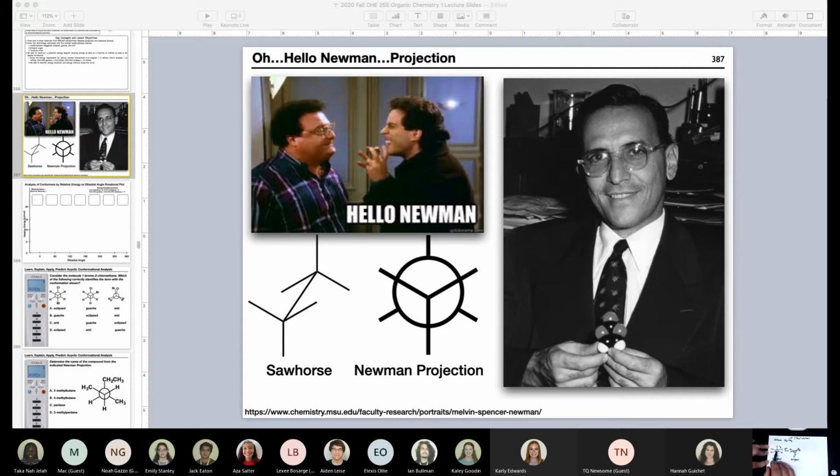So overall, the energy penalty for doing this is plus 12 kilojoules per mole. So it takes 12 kilojoules per mole to do that, what we're calling free rotation.